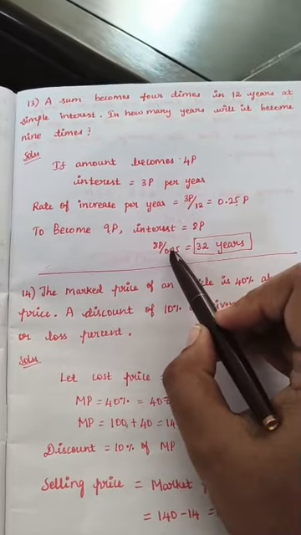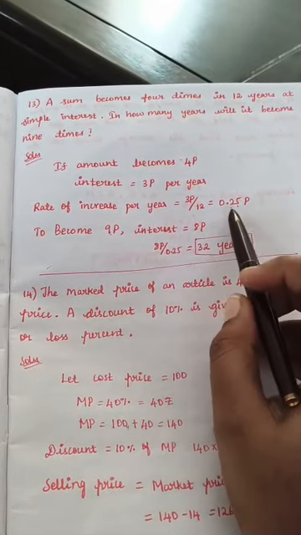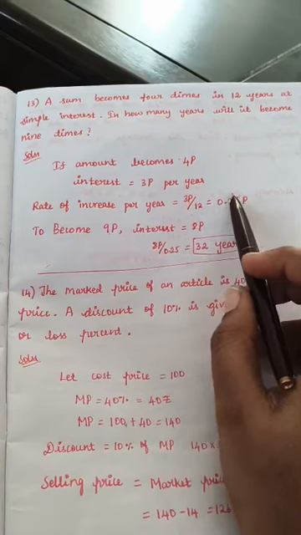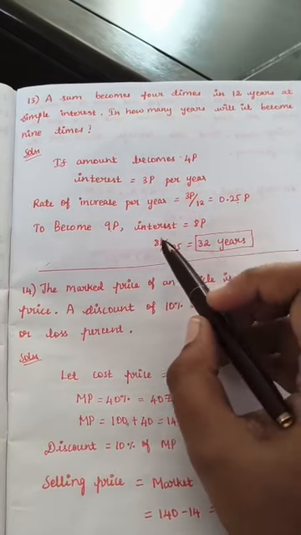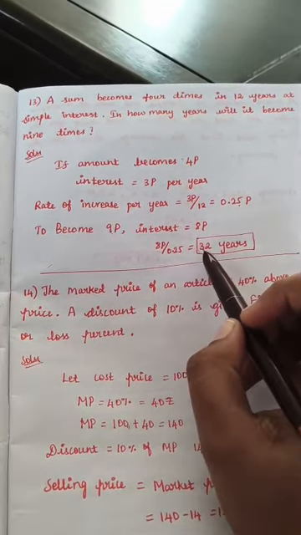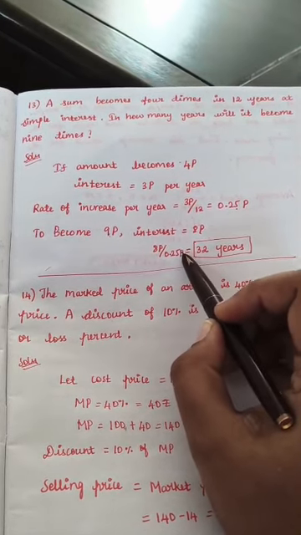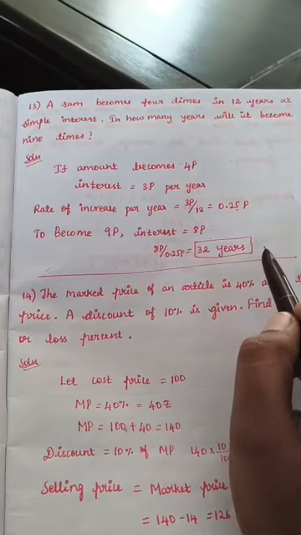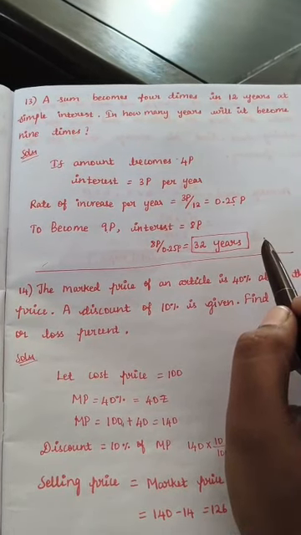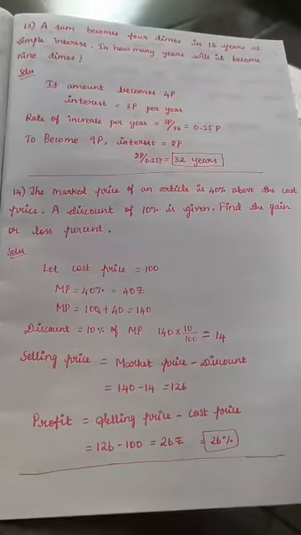So if we solve this, 8p by 0.25, because per year we have found out that it is 0.25. So 8 by 0.25 is 32 years. So in 32 years, the value becomes 9 times.